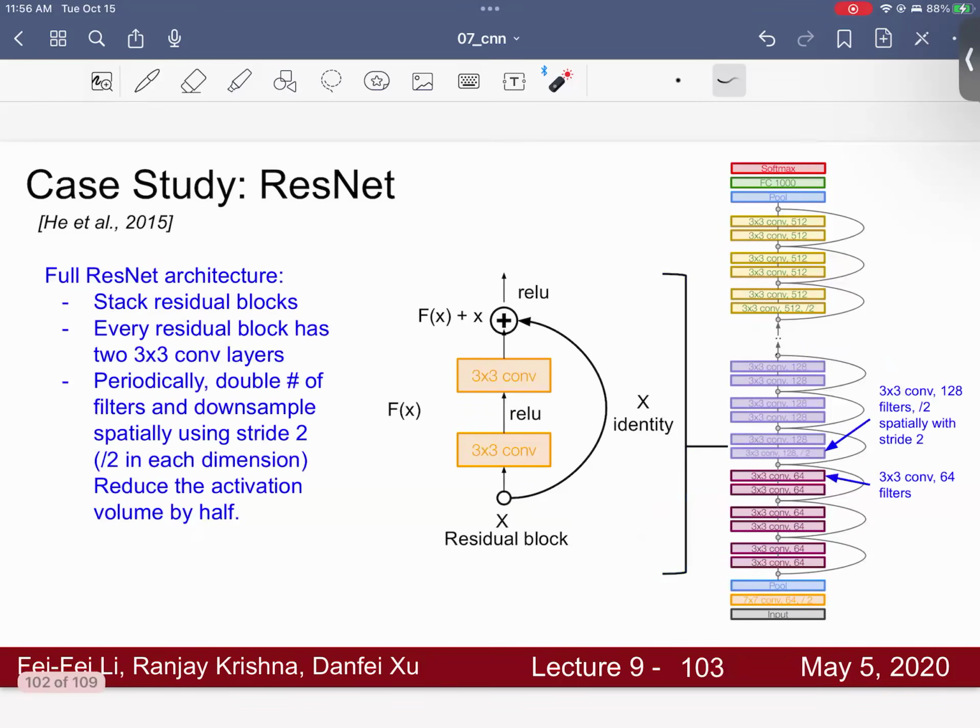For further details, if you're interested, you can study the slides later, or you can actually read the paper. The ResNet paper is one of the best papers that I've read. The idea is very nice and the performance is nice, but with some papers, even though the content is nice, the writing or presentation is a little bit lacking.